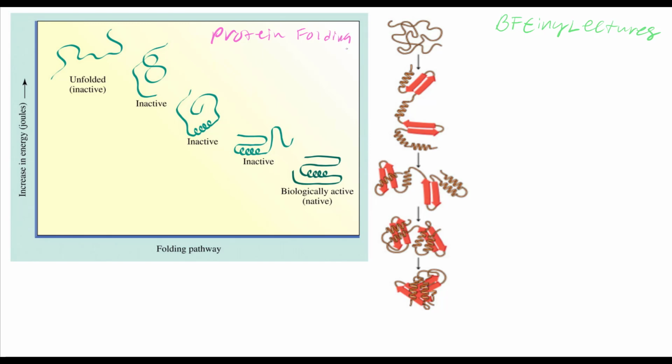And essentially, protein folding is kind of like making the protein, which is, let's say, a mile long, into a compacted state that is about an inch long or something, right? So as you go downwards, you're going to have a decrease in energy. So decreased energy is favorable.